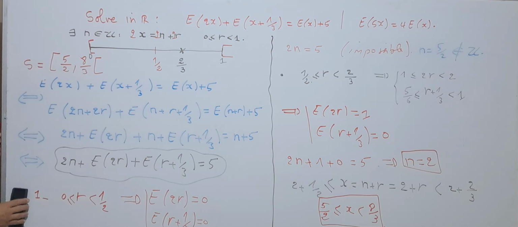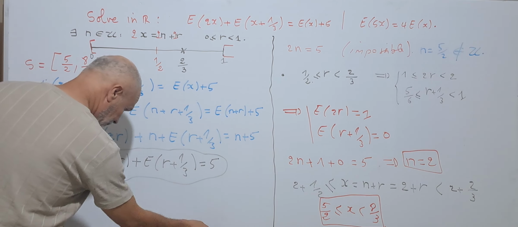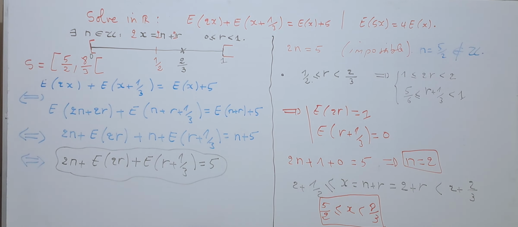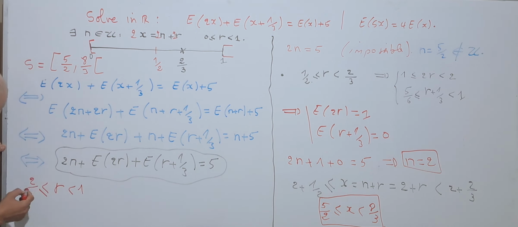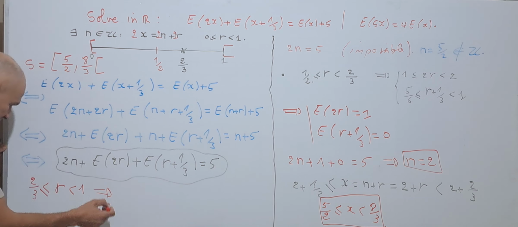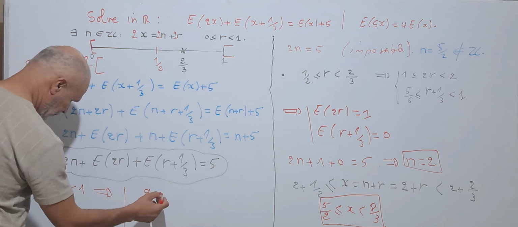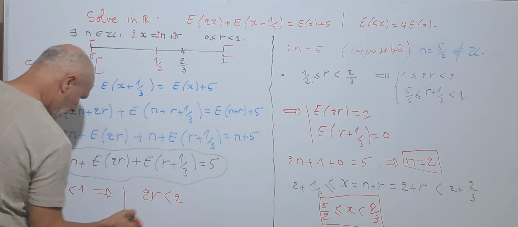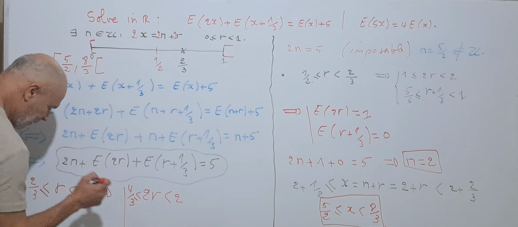Now the third case. When r is strictly less than 1 and greater than or equal to 2/3, this implies that 2r is strictly less than 2 and greater than or equal to 4/3.